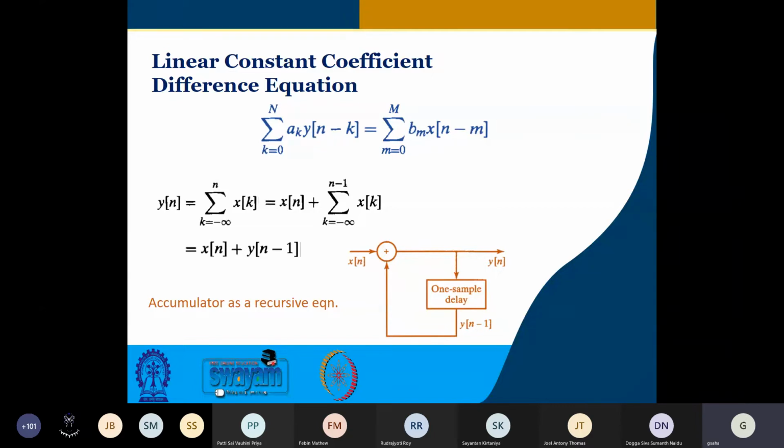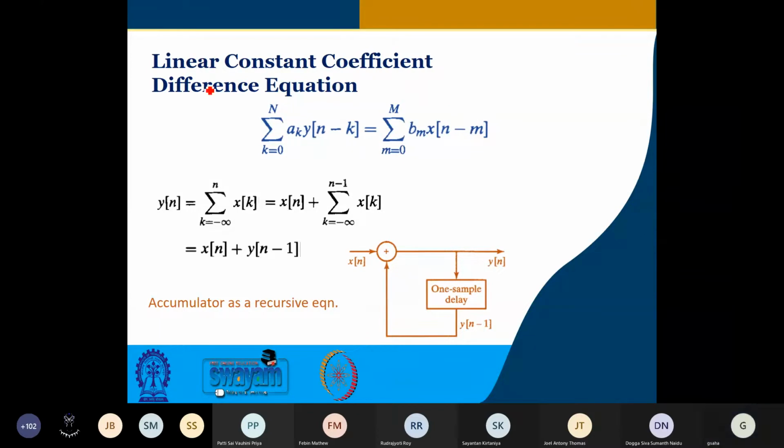Now, again, I hope and believe that if not all, much of it you have seen before in the signals and systems class, where discrete time signals and systems were handled.